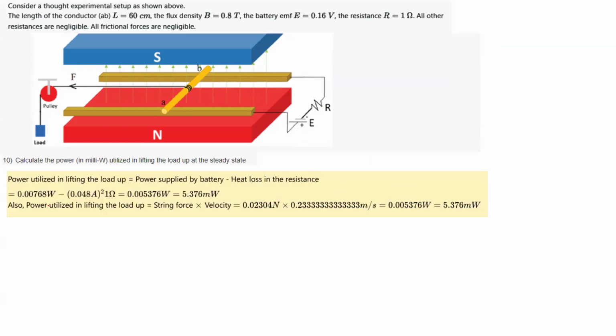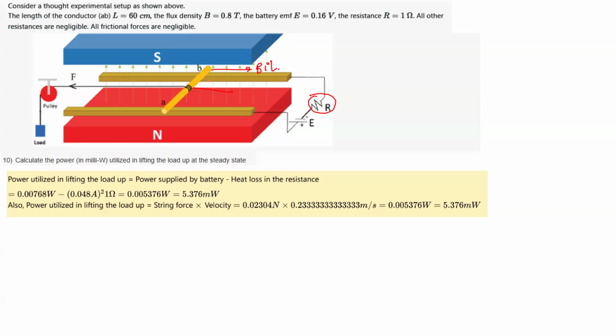Now in the last question, what we have to see is what is the power utilized in lifting the load up. So what will be the power which will be supplied for lifting this load up? Basically you can find it in two ways. One way is that this power will be the power supplied by the battery minus the I square R losses, because this force equal to BIL should match this external force.